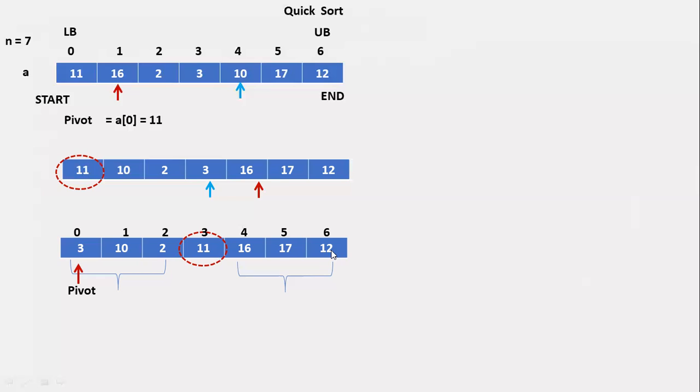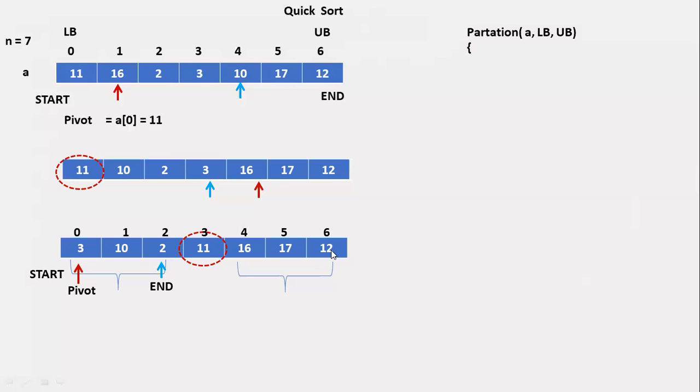Fine. So if we are going to write this particular method in code, we are going to have one function. That particular function we call partition. We are going to pass one variable a, that is the name of the array.